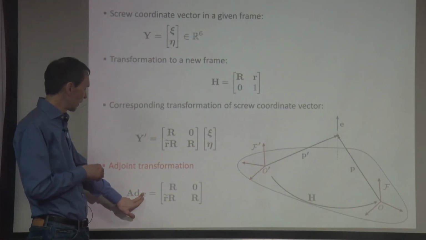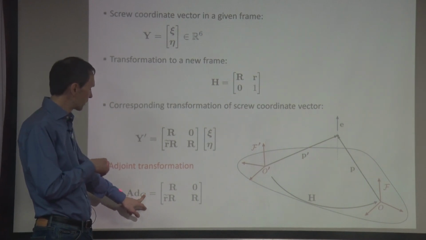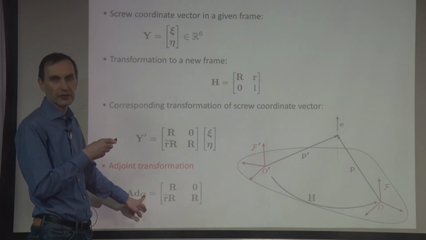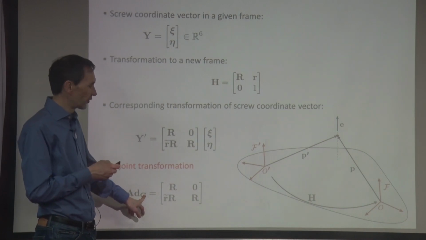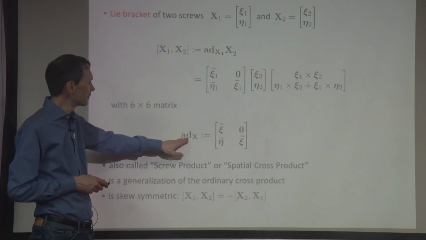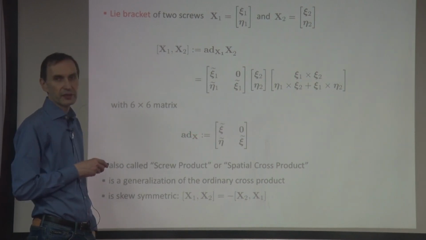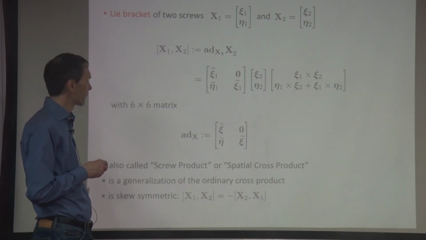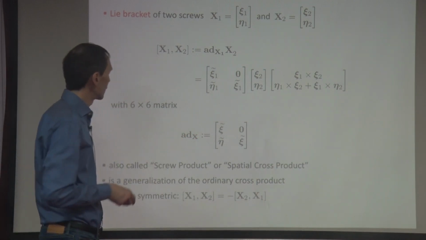So the big adjoint operator takes a homogeneous matrix, right? This should be H. And you form this. The Lie bracket, I mean this little adjoint, takes a screw vector as argument, I mean as a parameter. Okay, that's it.